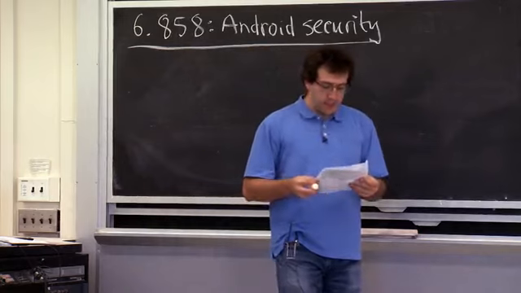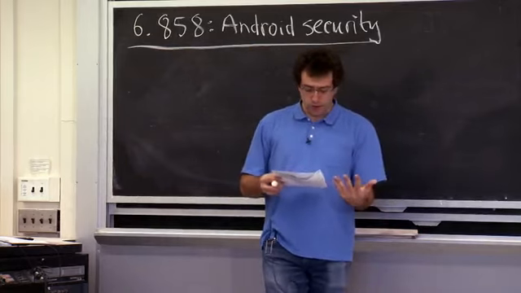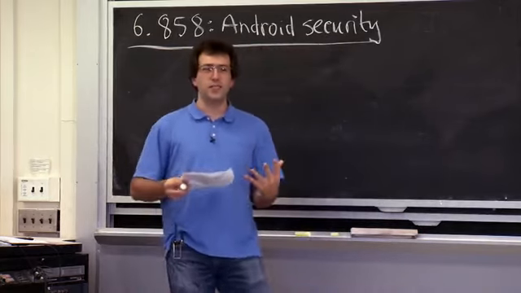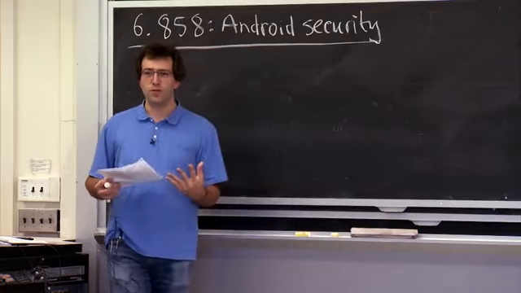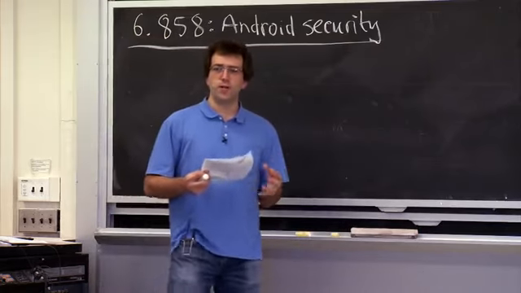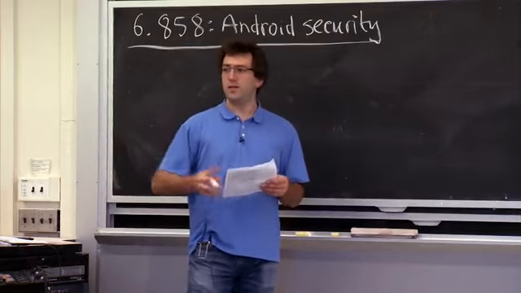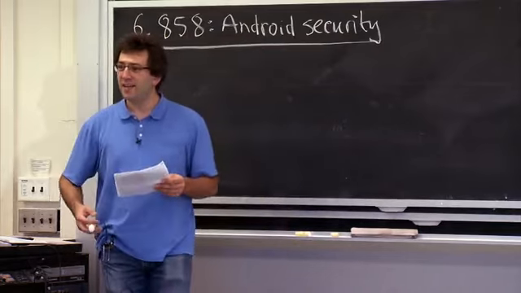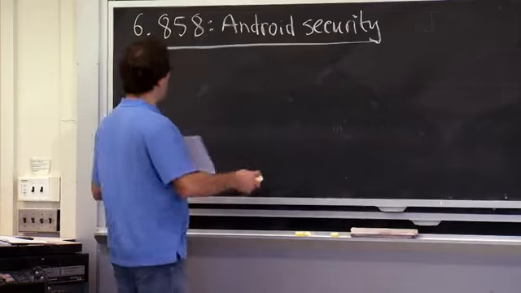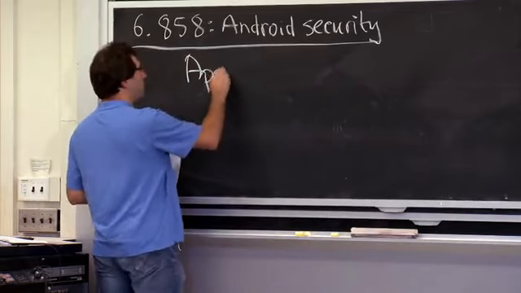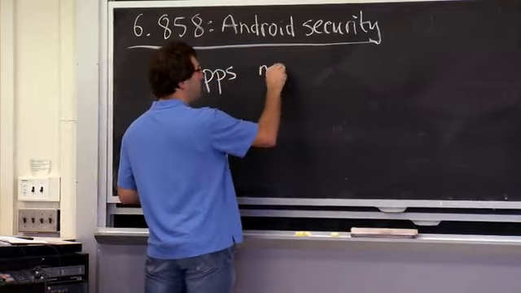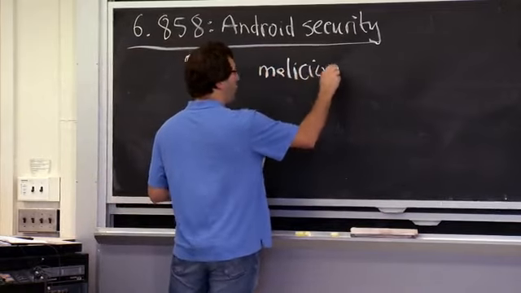So let's start out by talking about what is the threat model. What are these guys worried about on a phone? What are they trying to protect against? What's the threat model? Yeah? Applications that want to do malicious things. Yeah, so they worry about these applications that are going to run on the phone, and they might be malicious.